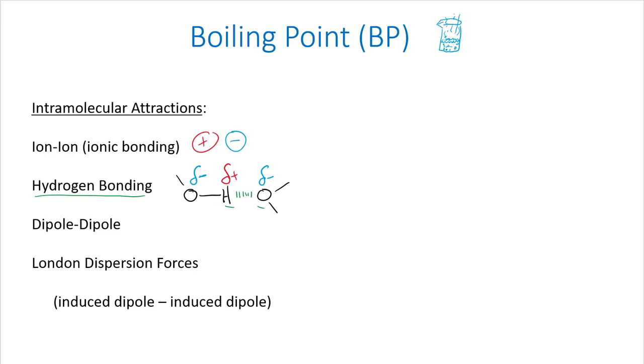Now, this is essentially a specialized dipole-dipole attraction. So what is a dipole-dipole attraction? Well, it's hydrogen bonding on something that doesn't have a highly electronegative element, like a nitrogen, an oxygen, or a fluorine, bonded to a hydrogen.